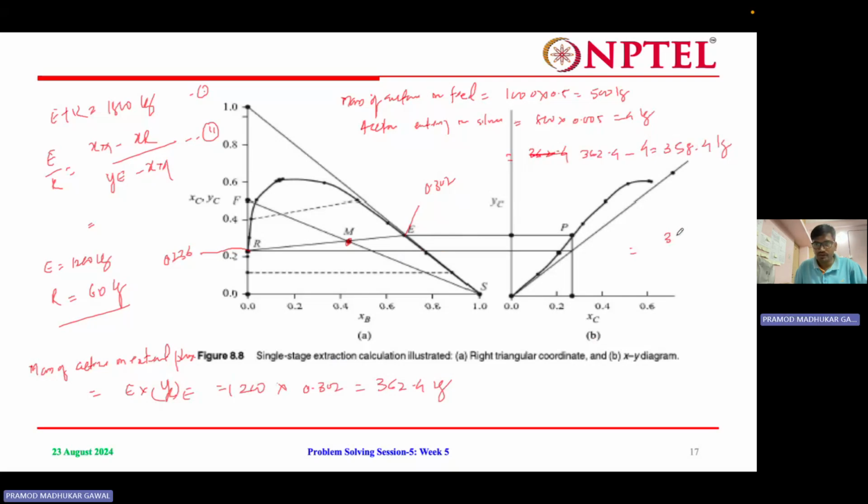So it is 358.4 kg in the extract phase divided by the 500 kg of solute initially present in the feed, into 100. So 71.7%. This is the extraction efficiency of the solute using this solvent, chlorobenzene.